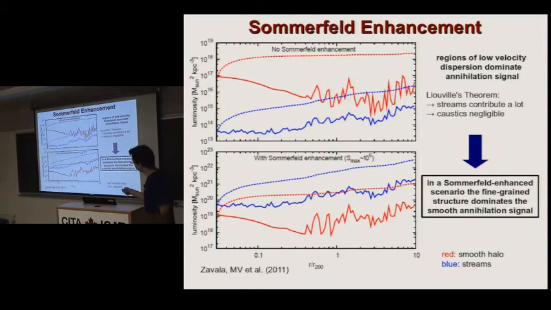Now you turn on this new particle physics and you completely invert the situation, so you have a lot more annihilation radiation in the fine-grained contribution, and the smooth field is essentially subdominant. So if, in such a model, you make an unbiased simulation and calculate the annihilation radiation, it will be off by a significant factor because you typically do not take this contribution into account. So that's just to point out that in such a particle physics model, the situation changes a bit, and the fine-grained properties really become very important.